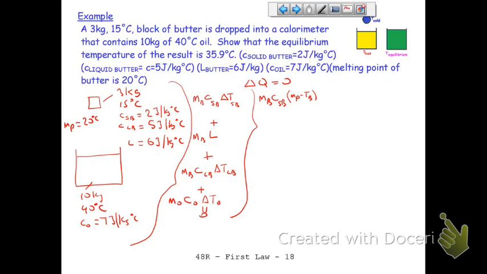You go from the temperature of the butter to whatever temperature it melts at, plus the mass of the butter times the latent heat, plus the mass of the butter times specific heat for the liquid butter, and the temperature is going to go T final minus melting point, plus the mass of the oil times the specific heat for the oil times T final minus T oil.